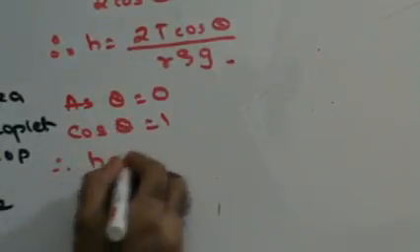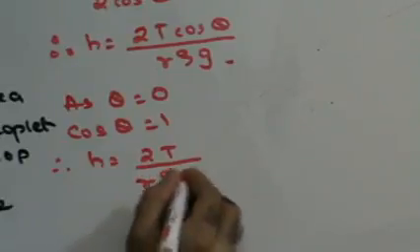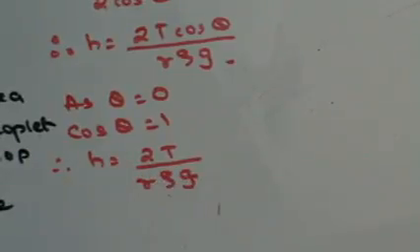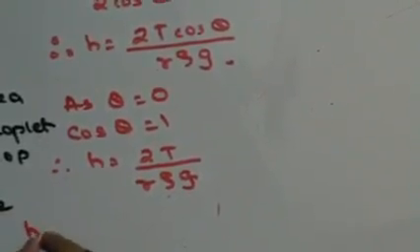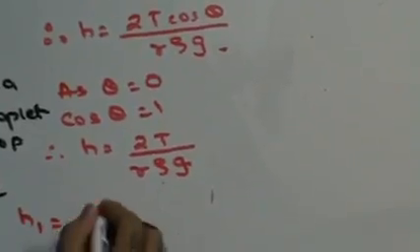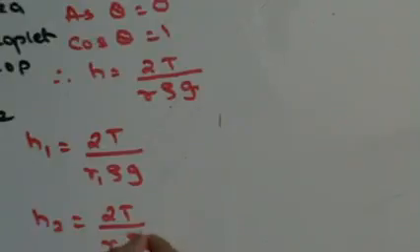Therefore, h is equal to 2T upon r rho g. Now, in a U tube, we know that the liquid in the two limbs balance each other, right? So h1 will be nothing but 2T upon r1 rho g and h2 will be equal to 2T upon r2 rho g.